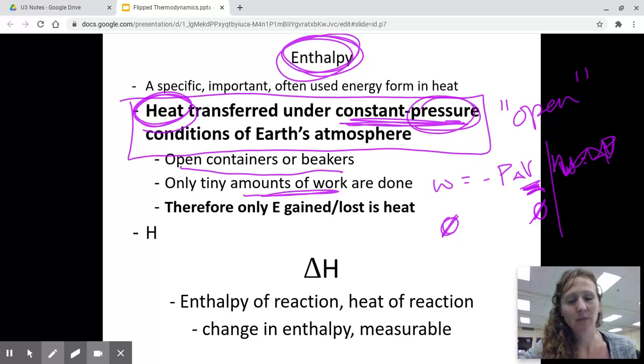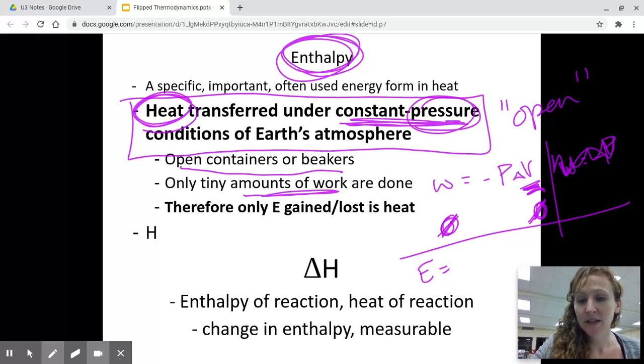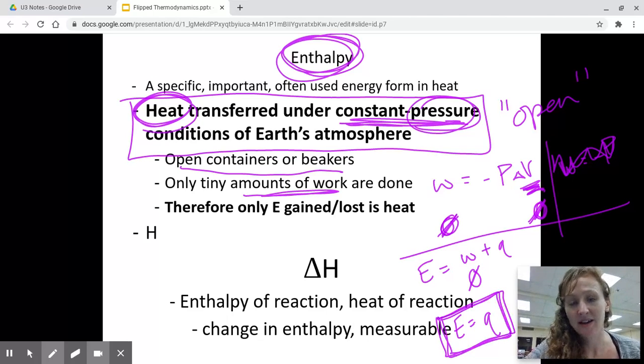Okay, so in a constant pressure situation, your volume change is going to be 0, therefore your work is 0. If work is 0, that means that energy is due to heat only, and that heat right there is what we call enthalpy. So enthalpy is heat transferred under specific conditions, and the specific conditions have to be constant pressure.